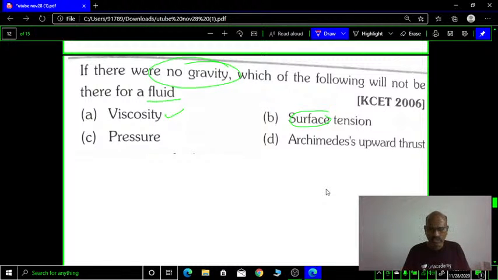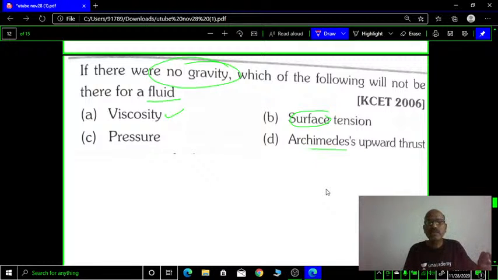Pressure, sure. So, according to Archimedes principle, we know that the buoyant force depends on acceleration due to gravity, right? So when there is no gravity, which of the following will not be there for a fluid?